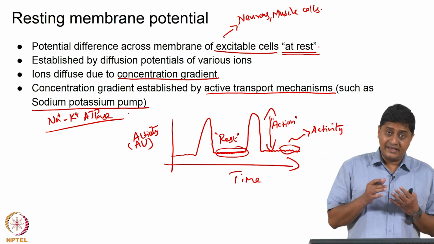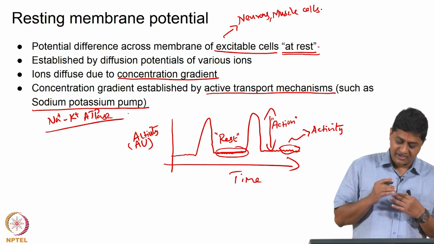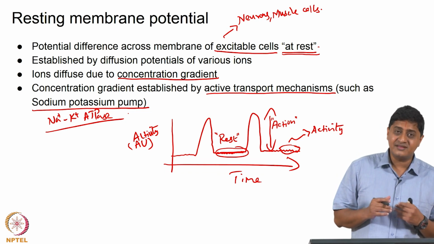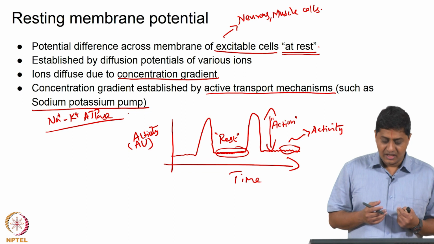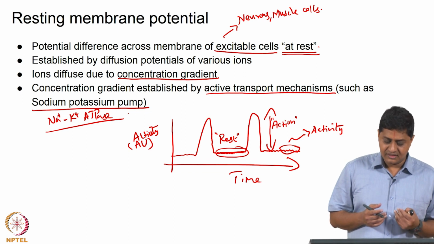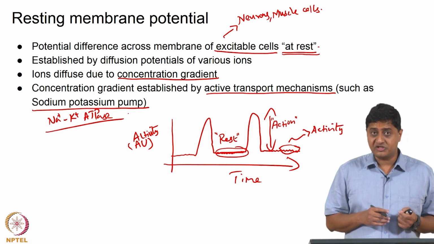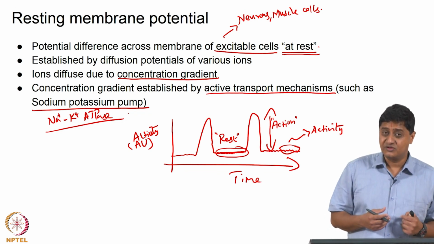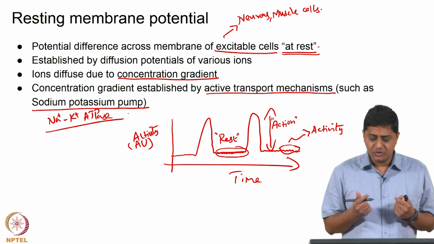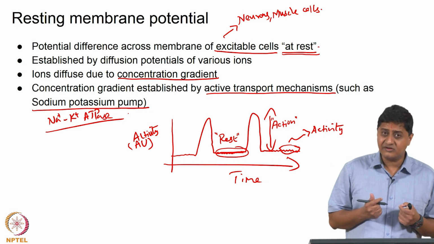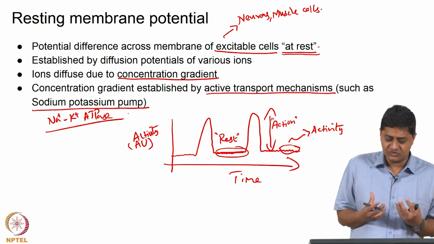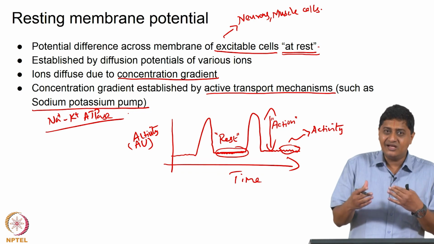So, existence of the concentration gradient is the reason why there is a diffusion potential, and the concentration gradient itself is established by the sodium potassium pump, which is an active process. So, you have to spend energy to maintain the concentration gradient. Why would the system do such a thing? You are maintaining a gradient.